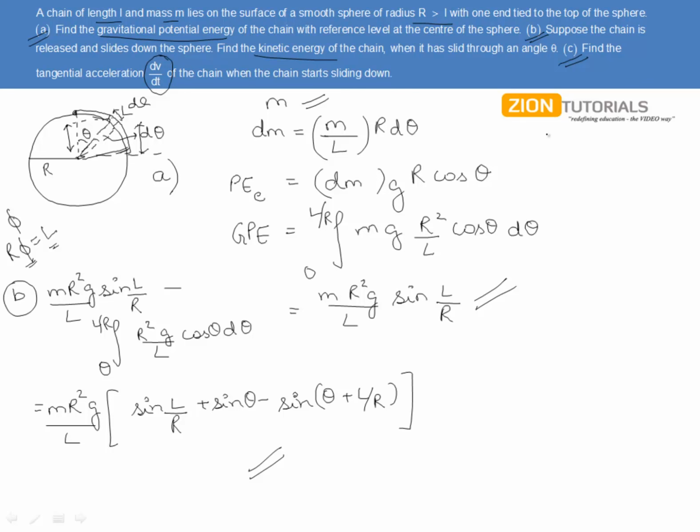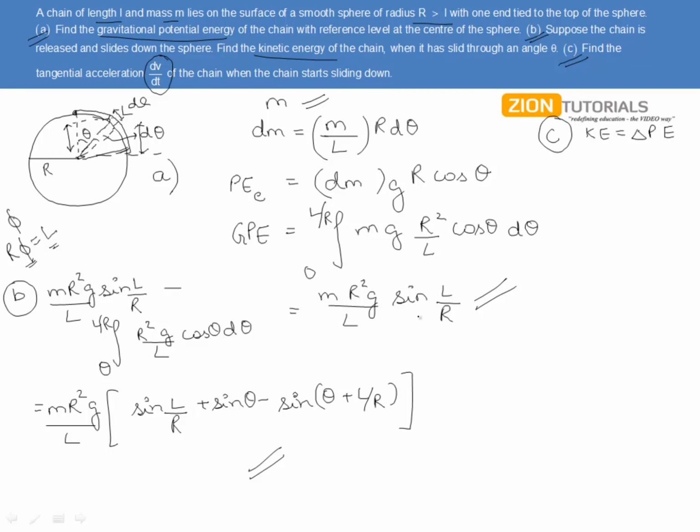Coming to the last and the third part of this question, that is find the tangential acceleration of the chain when it starts sliding down. Here let us take a somewhat generalized case when the chain has slipped by an angle theta. So there the kinetic energy will be equal to the change in the potential energy.